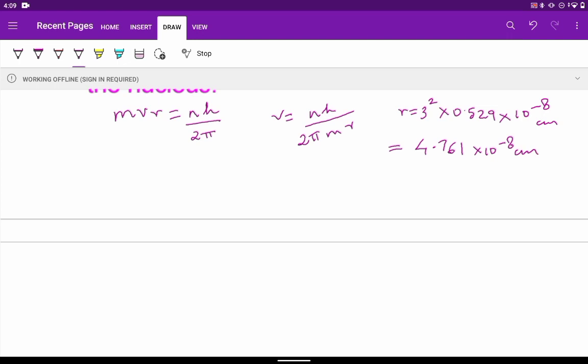So this is the value of r we got. This r value we have to use.